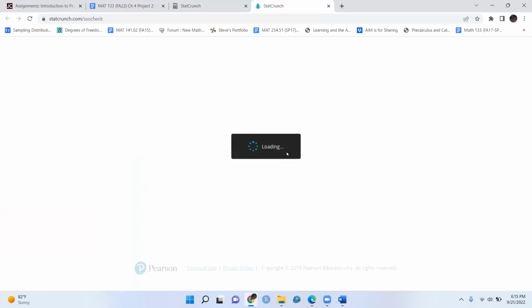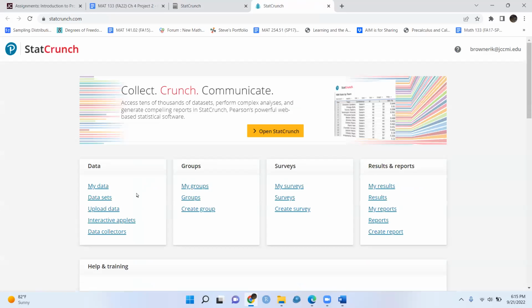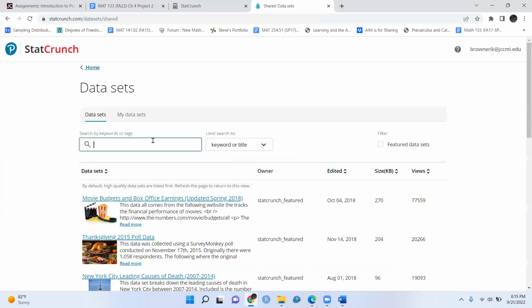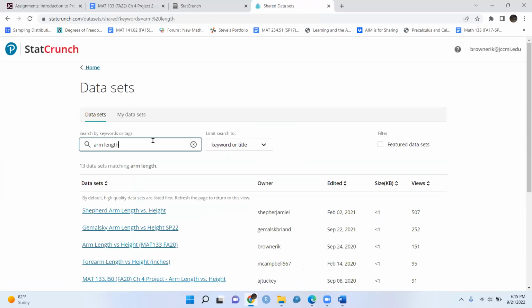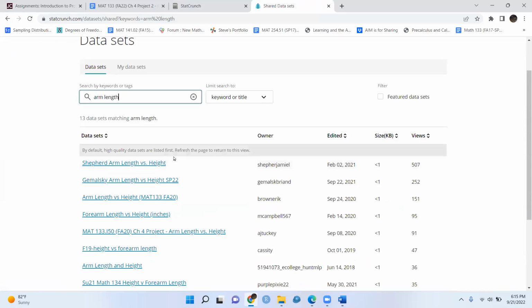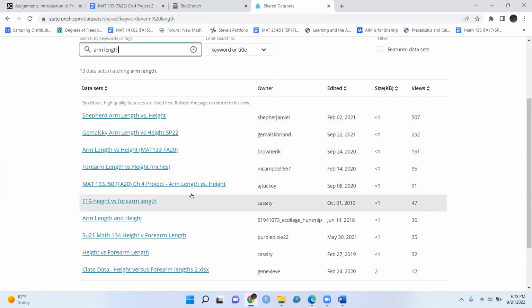And the good news is there's a data set in here from one of my colleagues who is more on top of things than I am. So if you search under data sets arm length, the one we used this morning was the Shepherd arm length. You can pick any one of these arm length ones you want.